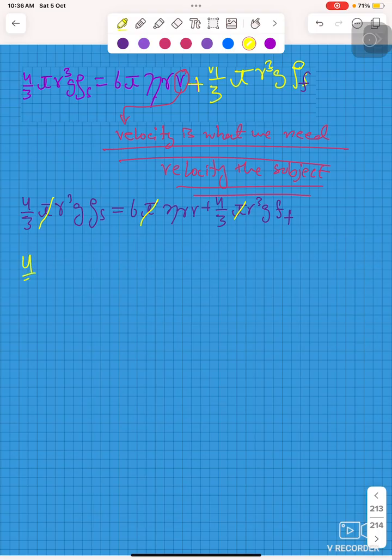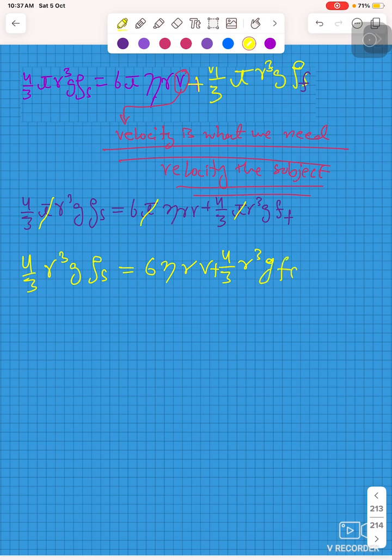If 4/3 r cubed g this equals 6 r v 4/3 plus 4/3 r cubed g this.